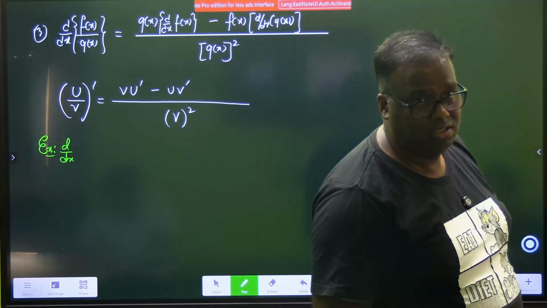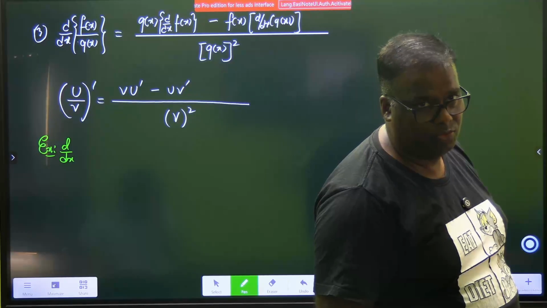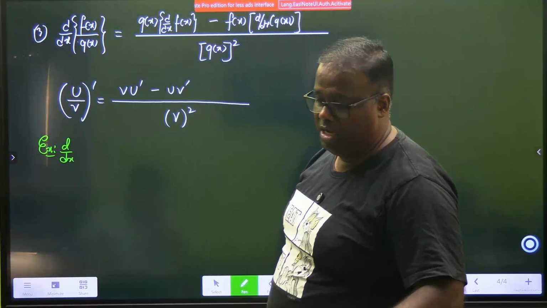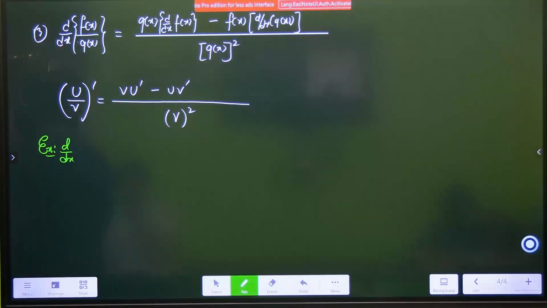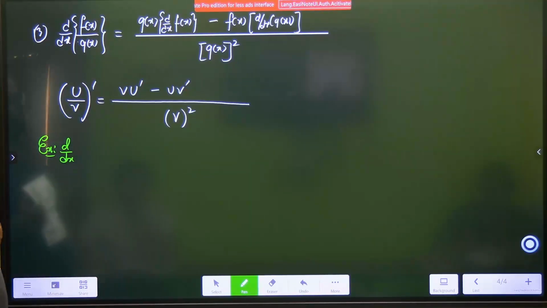These are the 3 rules you should know. The first is that you can apply derivatives to additive functions individually. The product rule is first function's derivative times second function plus second function's derivative times first function.